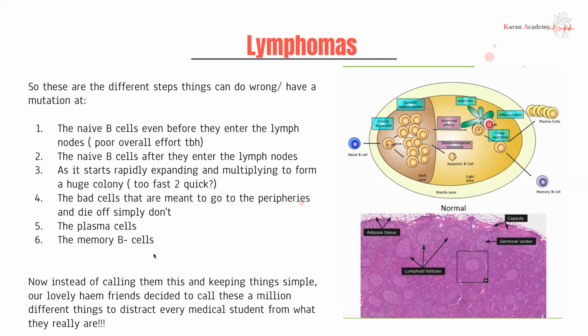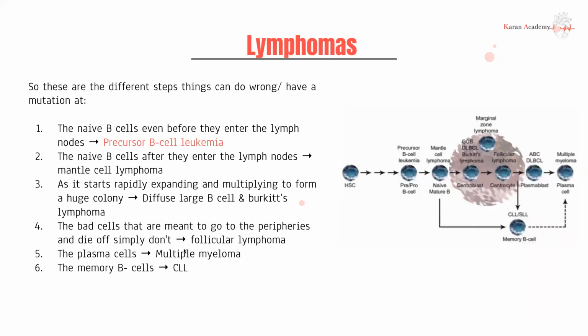Now, instead of just calling it a lymphoma of naive B cells, or cancer of plasma cells, or cancer of memory B cells, we just chose to give them names that just baffle me, and it makes every medical student's life incredibly hard, but it should not be. So let's call them what they are called in hematological terms.